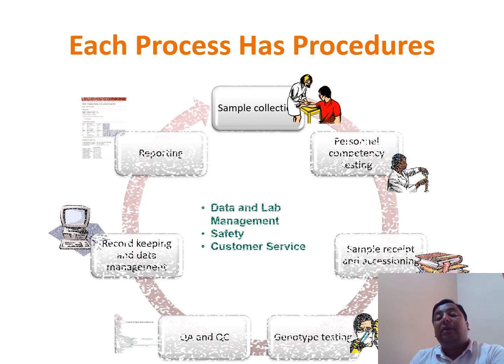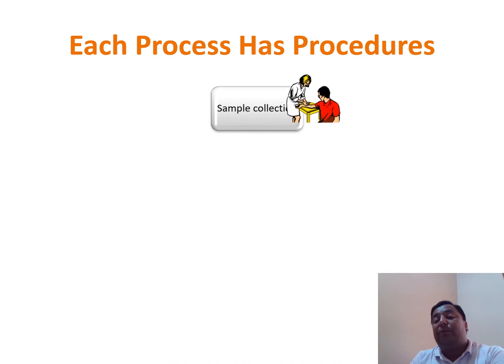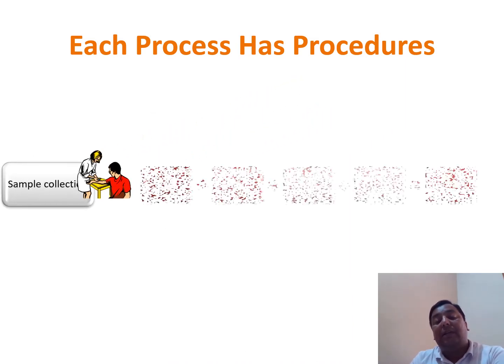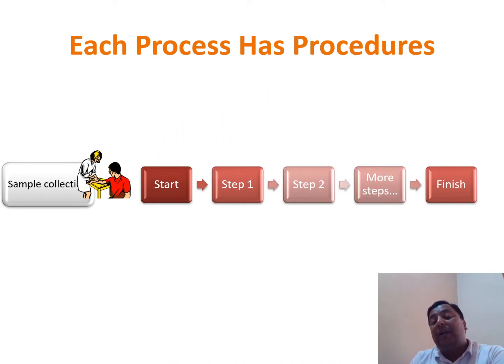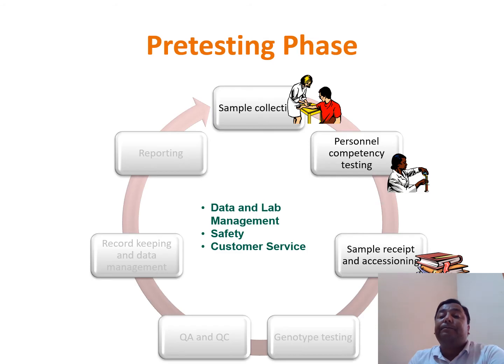So here each process has its own procedures. You can say that in sample collection there is step 1, step 2, step 3, and many more, and then it reaches the finishing level. This is called the pre-testing phase, right?